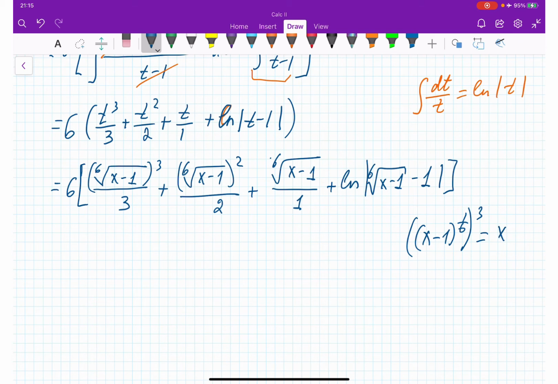It's going to be x minus 1, 3 divided by 6, right? It's going to be 1/2. And then same way, x minus 1 to power 1/6 squared. It's going to be x minus 1 to power 1/3, right? And there we don't have anything else to calculate. And we have it.